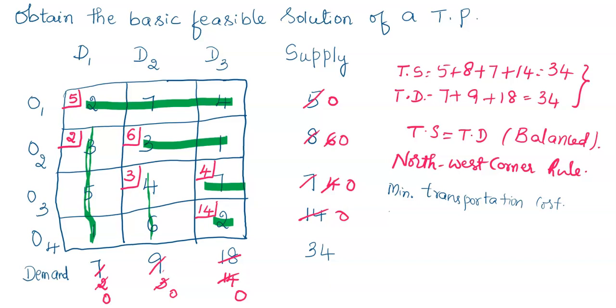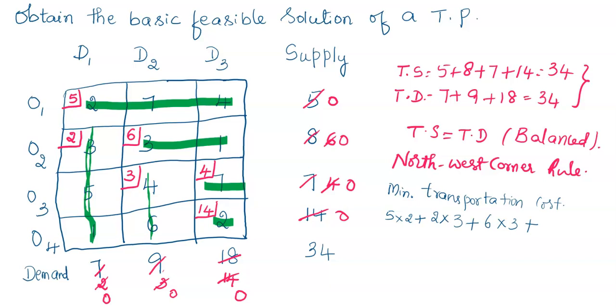In the first row, the cost and the quantity which we have is 5 into 2 plus, let me take the second row. We have 2 cells. The cost is 2 into quantity 3 plus 6 into 3 plus, let me come to the third row. We have 2 cells.